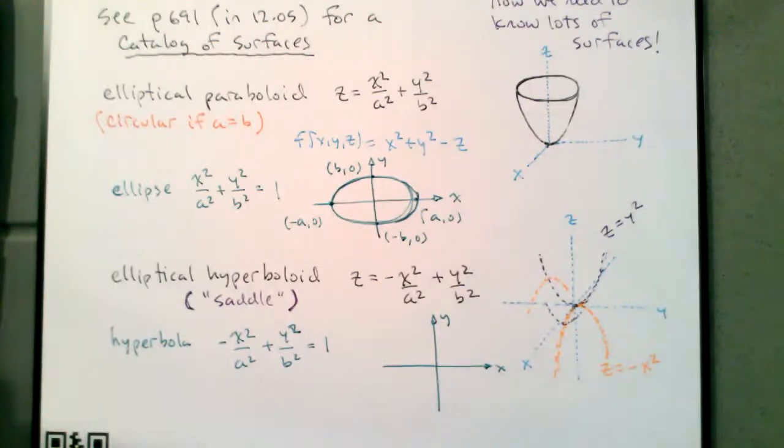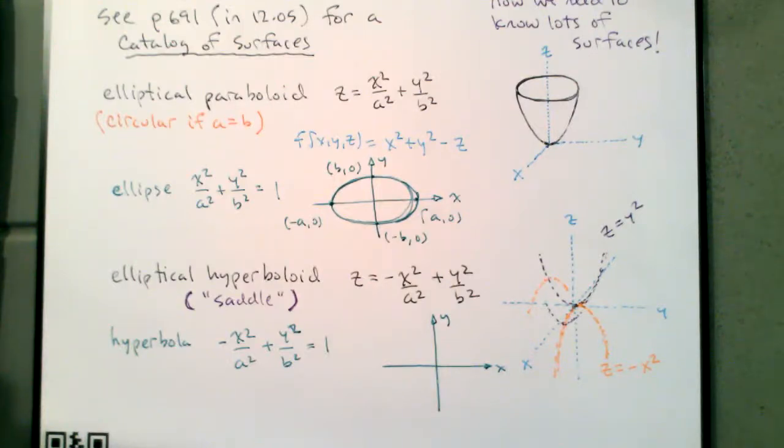The hyperboloid part comes from having a negative x squared and a positive y squared, because this is based on a hyperbola.